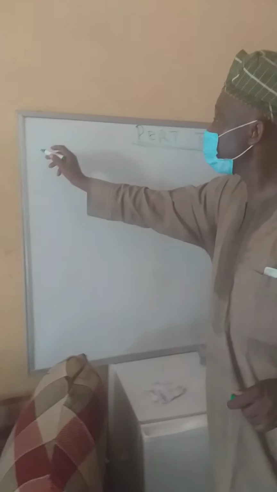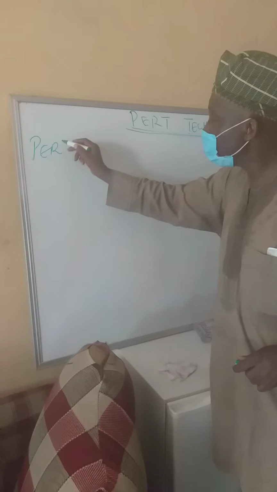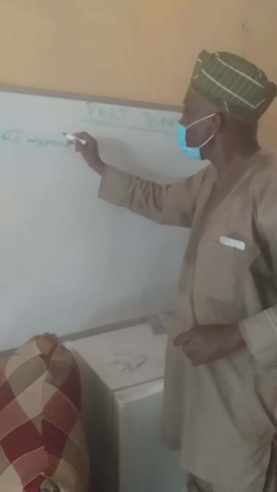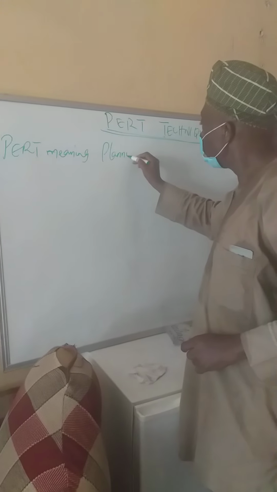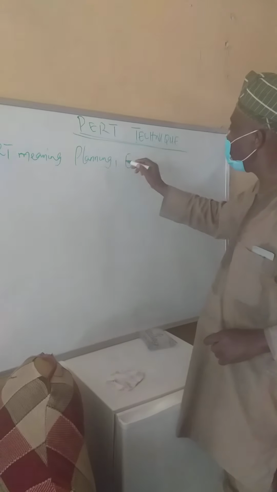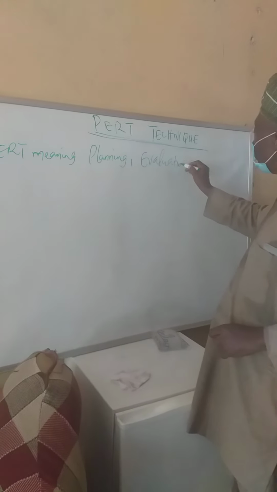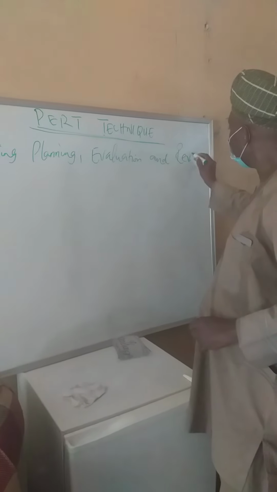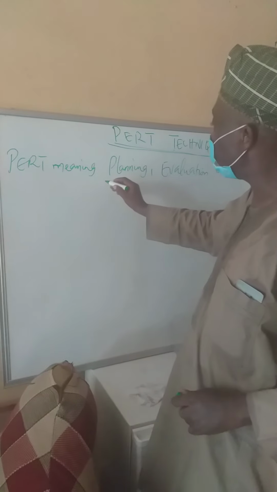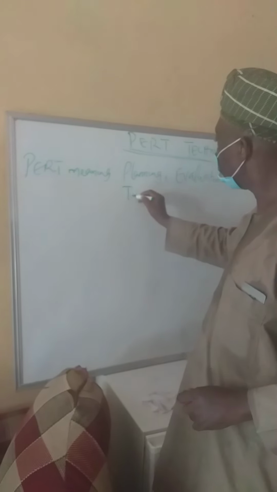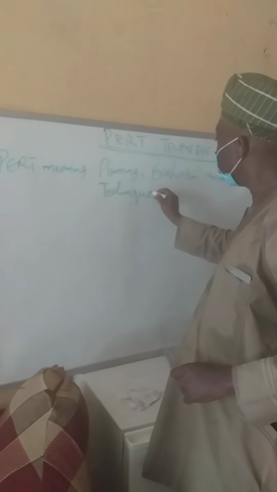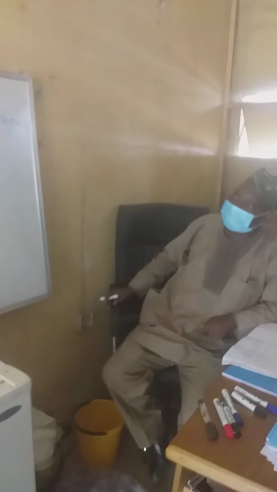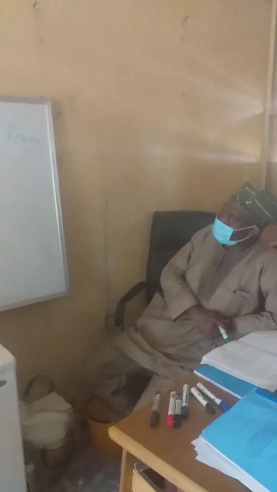The word PERT is an acronym meaning planning, evaluation, and review technique. Then the question is, what is the origin of PERT, which is called planning, evaluation, and review technique?